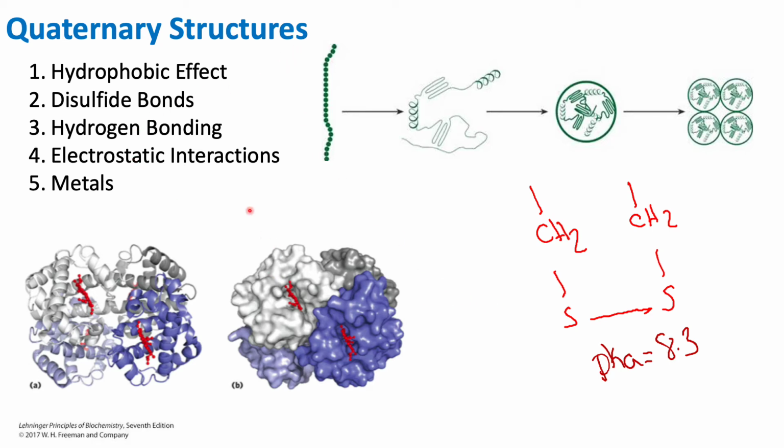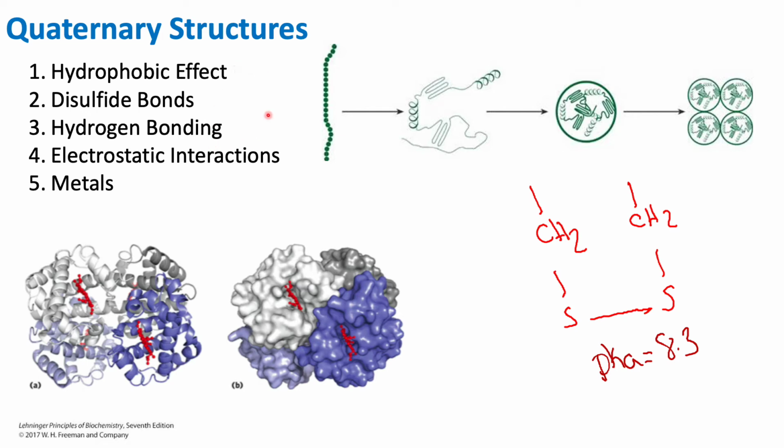Okay, so the next factor is hydrogen bonding. And remember that we see hydrogen bonding in secondary structures as well. But in secondary structures, when we talk about hydrogen bonding, we are talking about the peptide bond oxygen and nitrogen having partial negative and partial positive charges that interact with each other via hydrogen bonding.